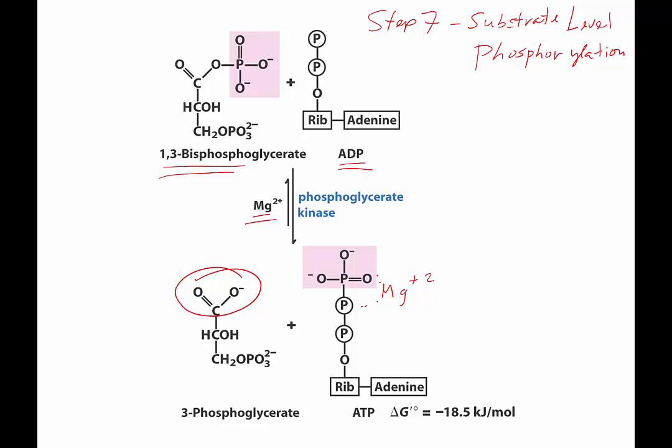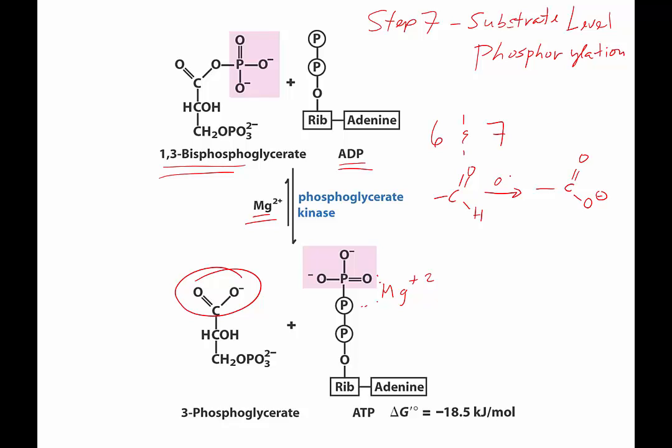So basically, in essence, in steps 6 and 7, what we're doing is we're taking an aldehyde and we're oxidizing it to a carboxylic acid. Okay, so that's in essence what we've done.